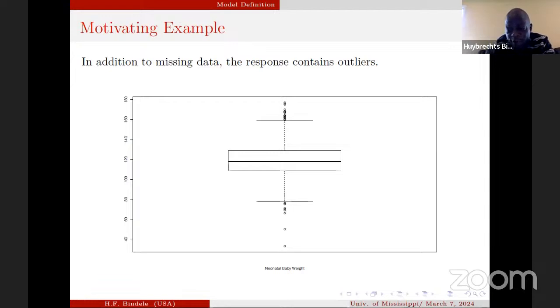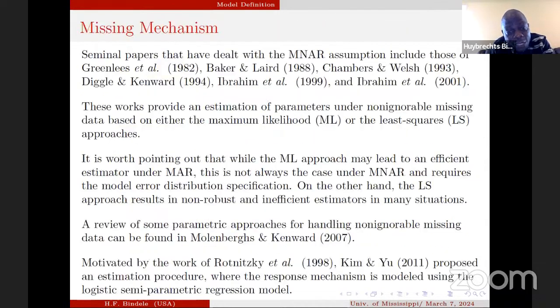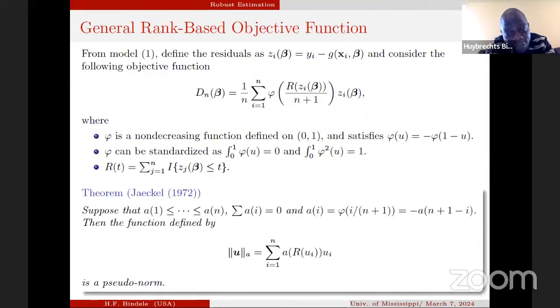So for this model, we consider the residuals. We could define a rank-based objective function, which is given here. And this objective function was proven by Jaeckel in 1972 to be continuous, and to be convex, but the convexity comes with some assumption on the regression function itself.